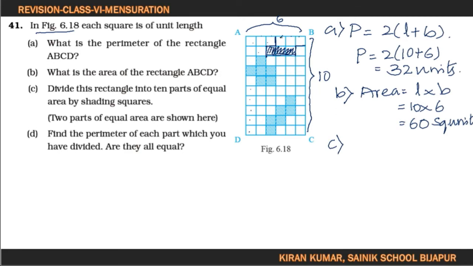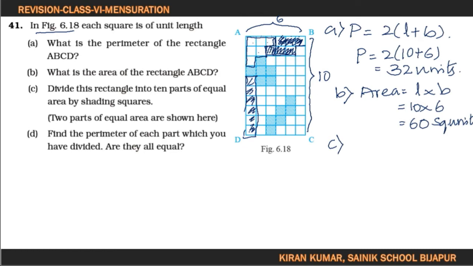That is, if I consider it like this, here is 6. From here to here, if I consider, again it is 6. 1 2 3 4 5 6. Then if I consider it in this fashion, this is again 6.